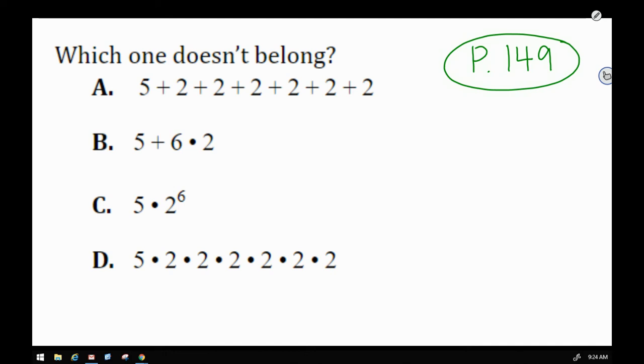All right, so on your notes, which one of these four does not belong? Explain why, and be prepared to defend your answer. Can I get the calculator?